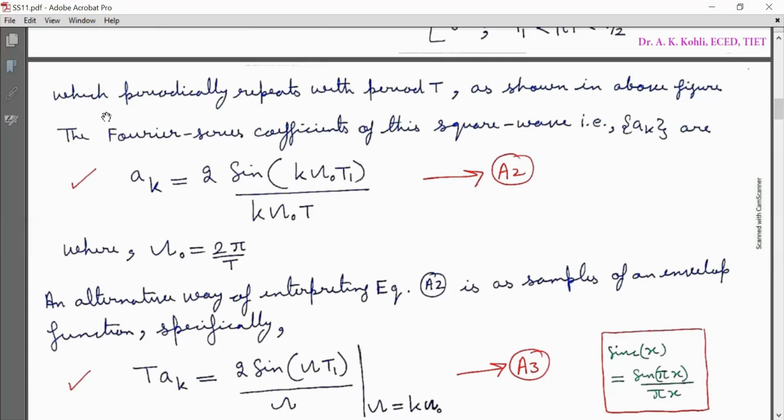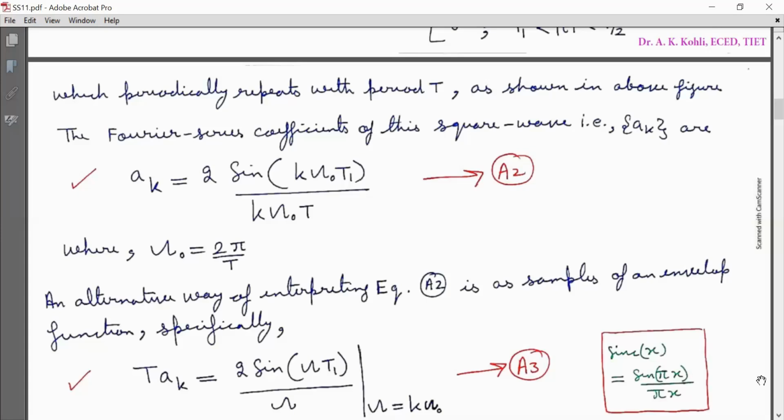An alternative way of interpreting equation A2 is as samples of an envelope function, specifically T a_k is equal to 2 sin(ΩT1) divided by Ω, where Ω is equal to kΩ0. Mark it as equation A3. Now we know that sinc(x) is equal to sin(πx) by πx.